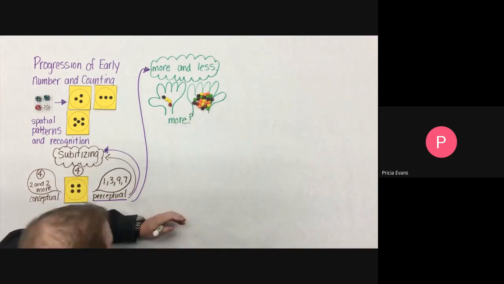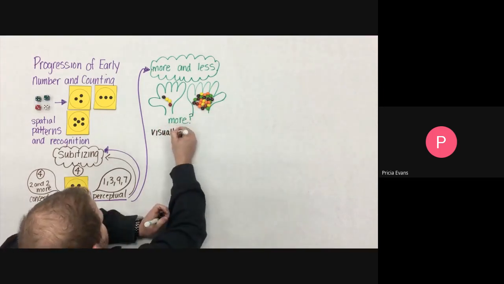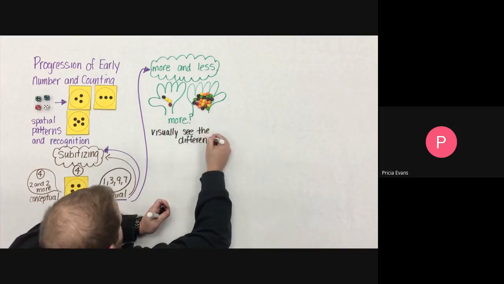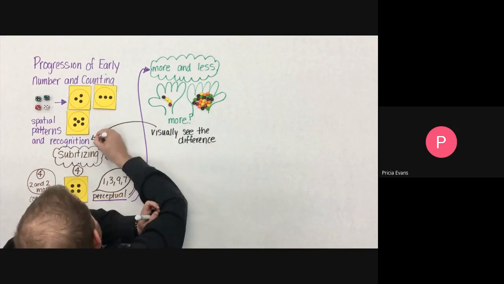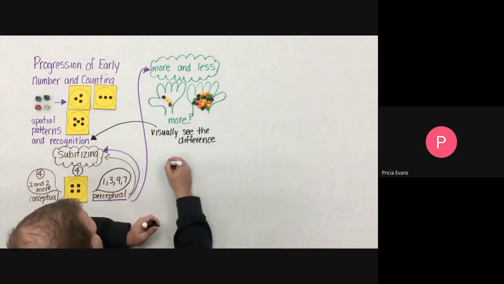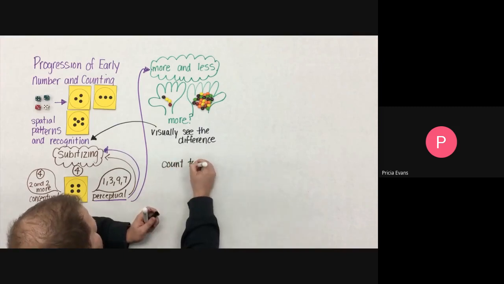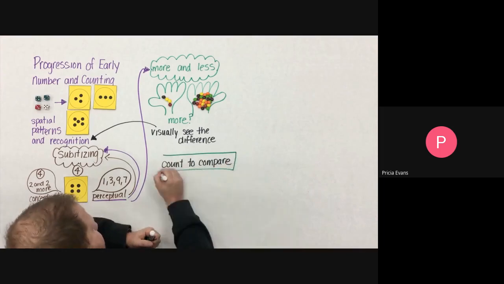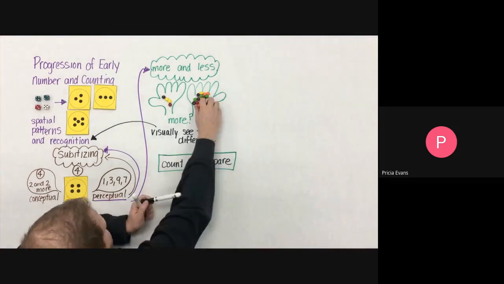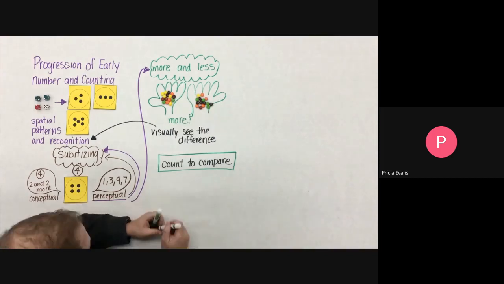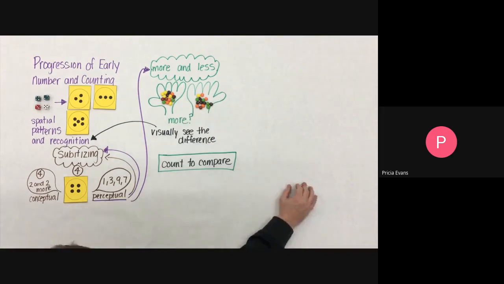And they're able to recognize this because they can visually see and compare the difference. They can't tell you exactly how many more, but that visual representation of more ties back to what they're doing with subitizing. The students don't need to count to compare the quantities. If we were to take some candies from the right hand, put them in the left hand to where they're equal or almost the same, now we have a need to count.